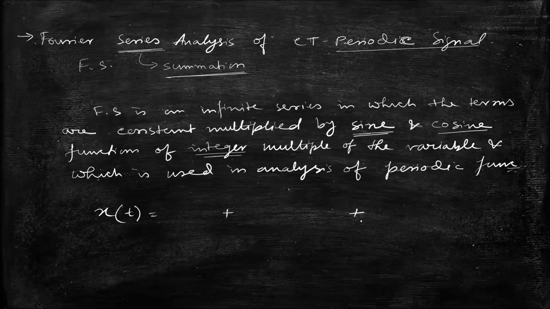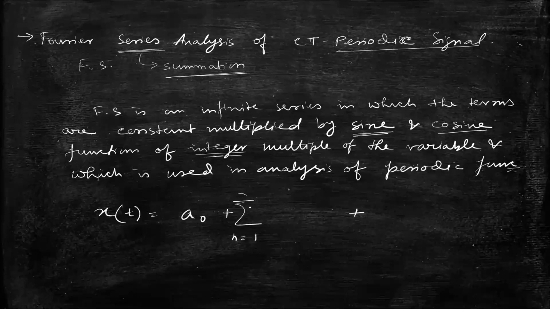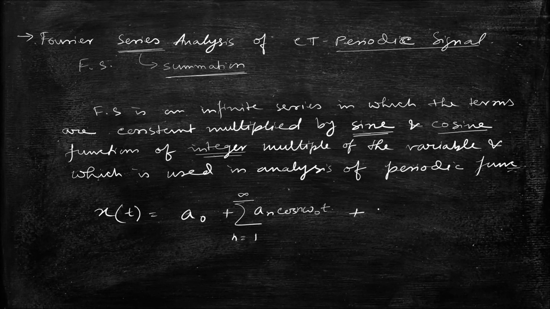So look, a0 plus summation n equal to 1 to infinity, that is an infinite series, an cos n omega 0 t plus bn sin n omega 0 t.